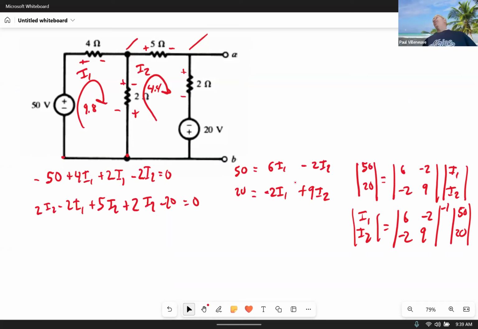So now I'm just going to start listing out P absorbed or P delivered. P of my 50 volt source is going to be equal to 50 times 9.8. Now, the only question is, is it supplying or absorbing power?